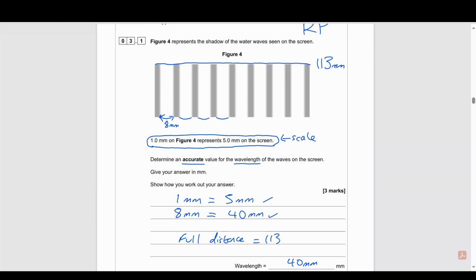Now remember that you're measuring here, so there will be some leeway, some range of answers that you can get. So as long as you have done your calculation properly here, you are guaranteed to get 2 marks.